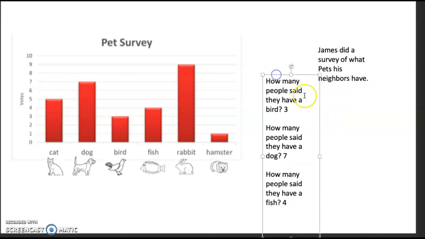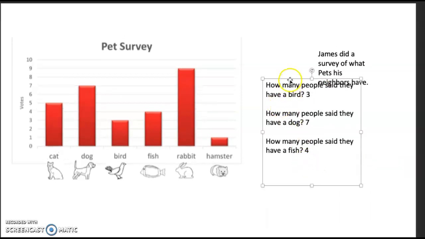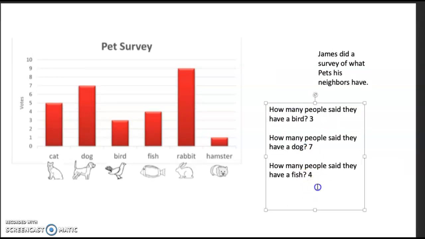But I want you to think about the 2 key vocabulary words that we used for the first pictograph, which was least and most. So with that said, which animal got the least amount of votes?